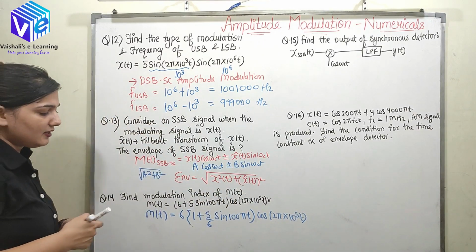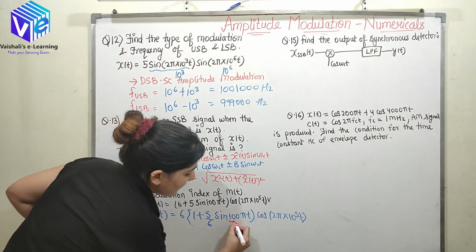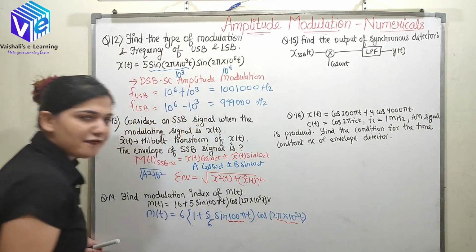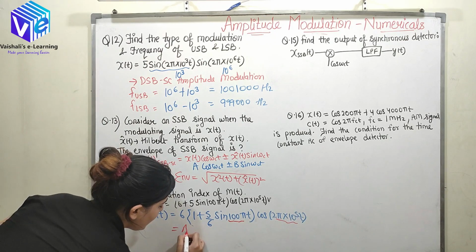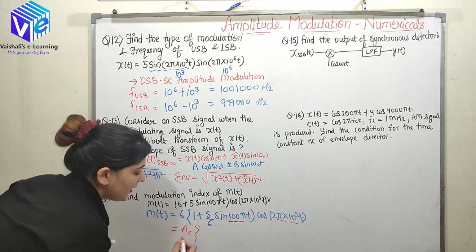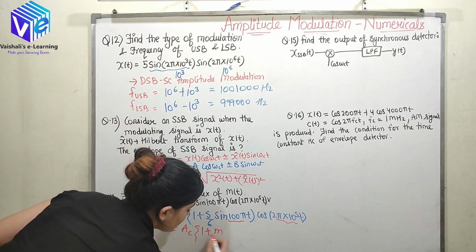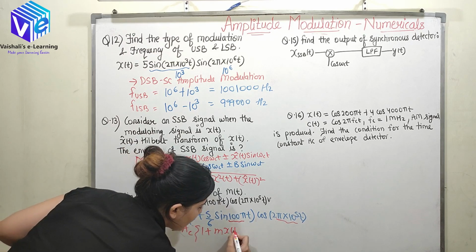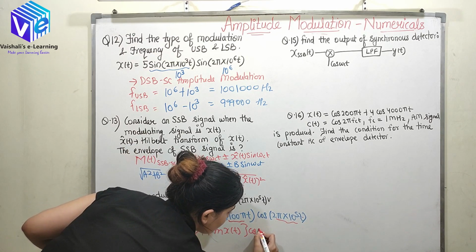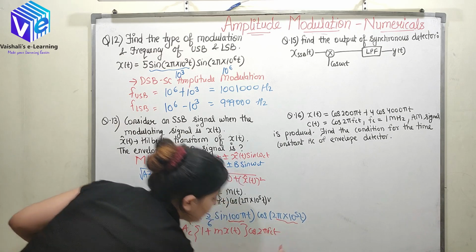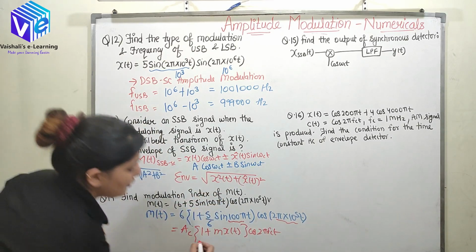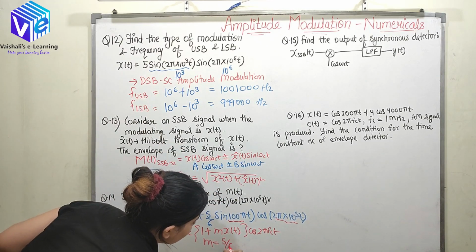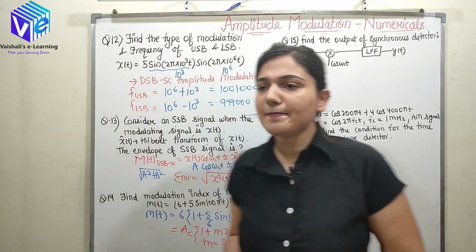One thing you are clear about is that this is the low frequency and this is the high frequency. So now I can compare it to the equation of amplitude modulation, which was Ac (1 plus m x(t)) cos 2πfct. If I compare these two equations, m is 5 by 6. So this is again a very simple question.